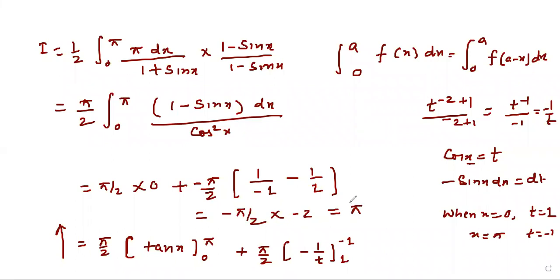Let's see question number 13. Question number 13 says integration from minus pi by 2 to plus pi by 2 of sin power 7x dx. Now let's check whether sin power 7x is an odd or even function, then we will apply the property.